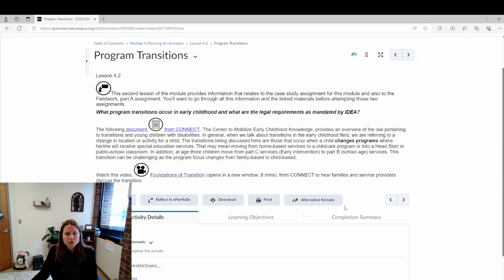When we're talking about transitions, this can mean that a child was in a home setting or a home-based service, and now they're moving to a Head Start or a public school. So that would be one part of the transition. We're also going back to that Part B and Part C under IDEIA, right? So the children at age 3 move from Part C to Part B, right? So from early intervention to school age services.